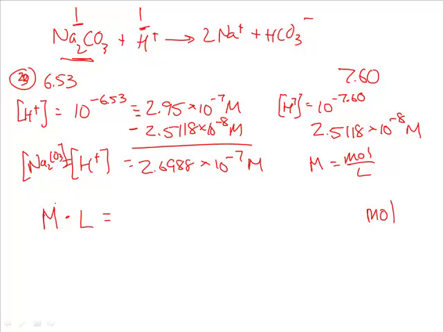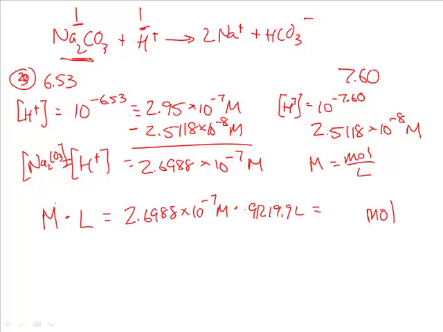Look at problem number 22, backyard swimming pool. So you take your molarity, what you get from up here, the 2.6988 times 10 to the negative 7th molarity, and you multiply it by the liters, which happen to be, in this case, 91219.9 liters.